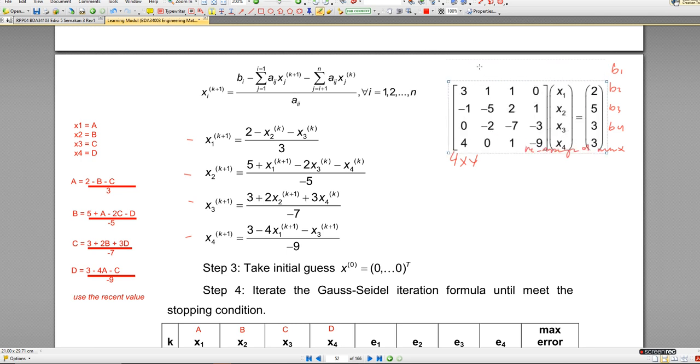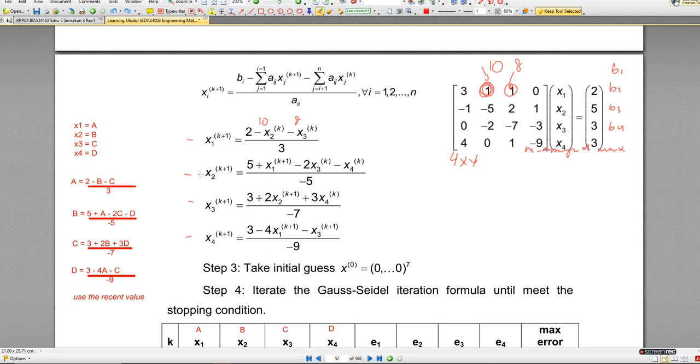Let's say this one is 10, so you put here minus 10x2. Let's say this one is 8, so minus 8x3. Then actually there is also minus 0x4. So when you get the 0 number here, then you neglect this one.